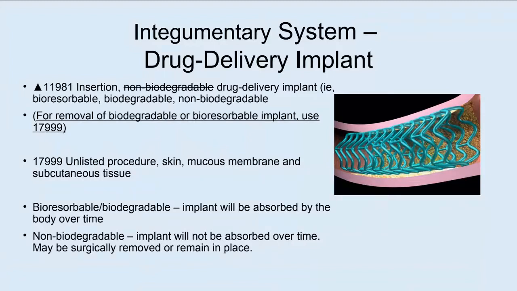A note was added, this is new: for removal of biodegradable or bioresorbable implant use 17999. Now this is unusual because it's referring you to an unlisted procedure code, 17999. So if you have removal of a biodegradable or bioresorbable implant, which generally is not removed at all because it's just absorbed by the body, you're going to use 17999.